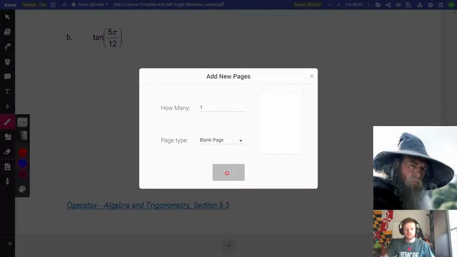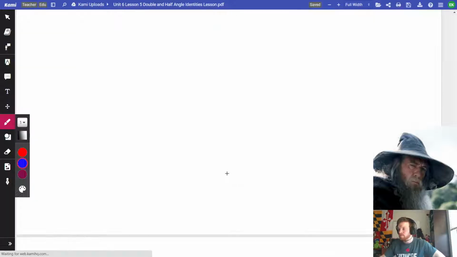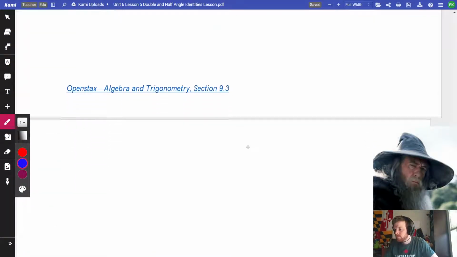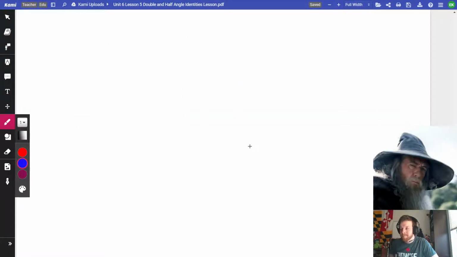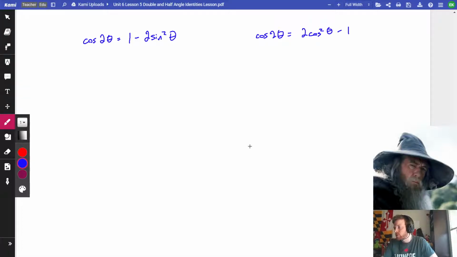Shouldn't take too long. Here we are. We have cosine 2 theta is equal to 1 minus 2 sine squared theta, and cosine 2 theta is equal to 2 cosine squared theta minus 1.